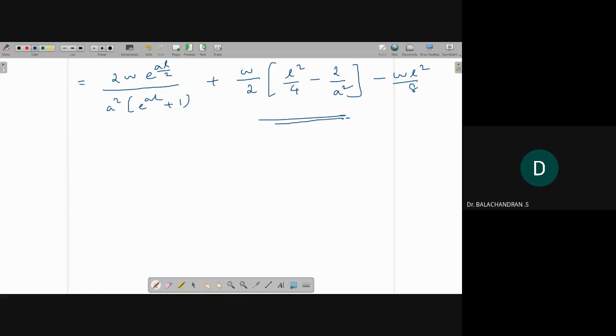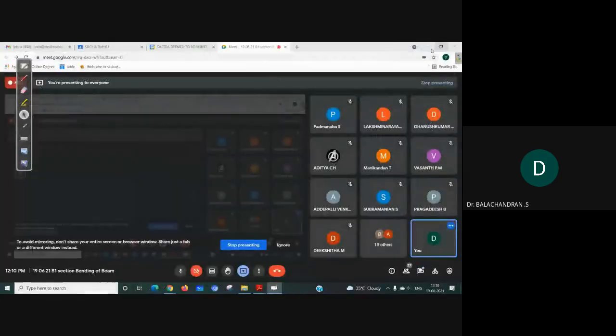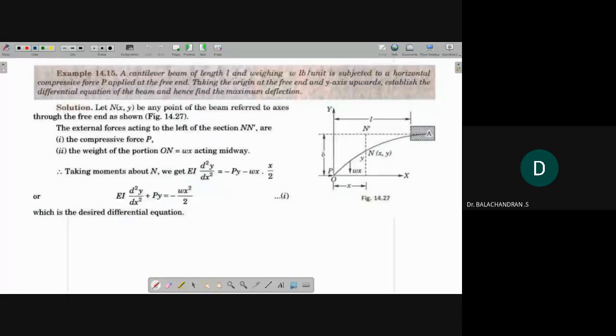Okay. So the next problem is this problem. Now here the cantilever. A cantilever beam of length L and weighing omega pounds per unit is subjected to a horizontal compressive force capital P at the free end.